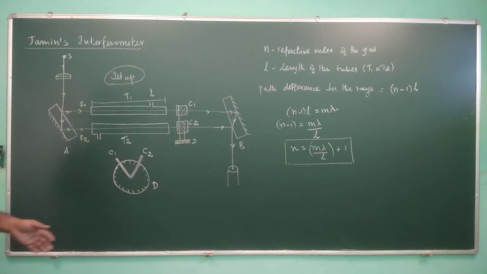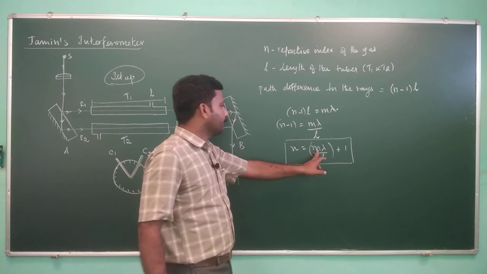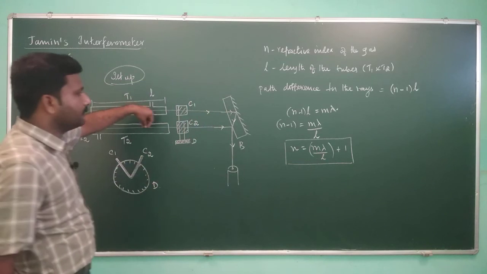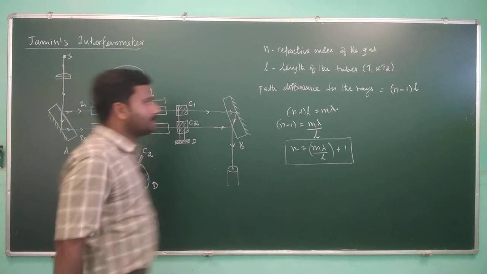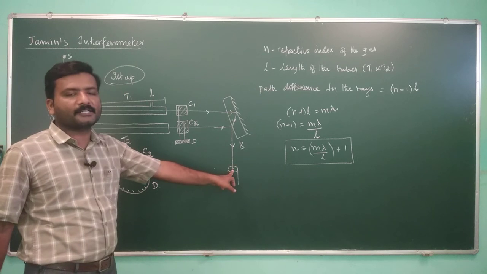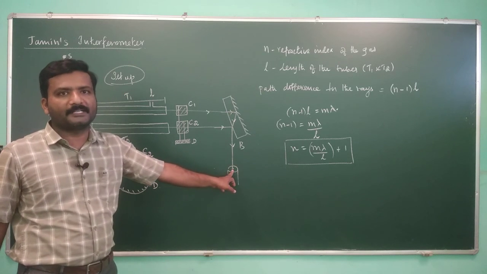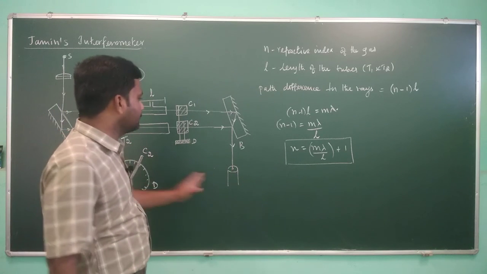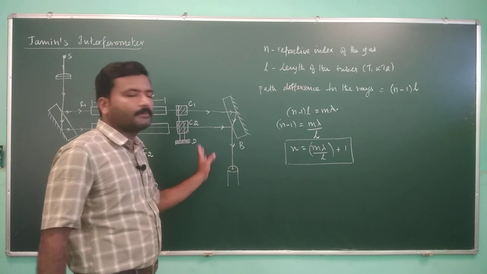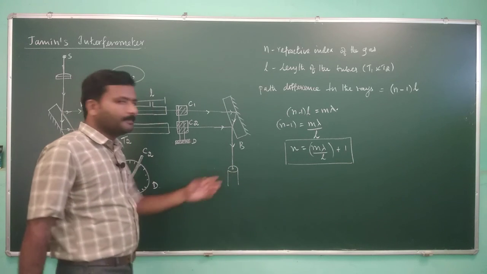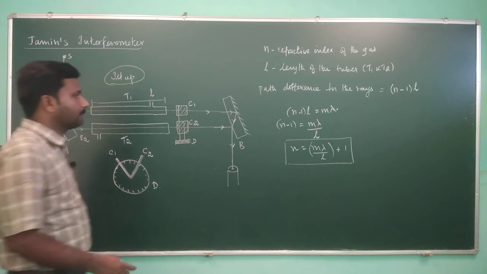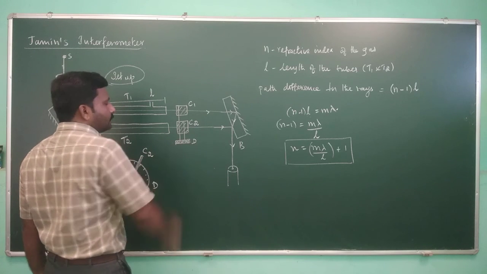The thing is, we need to calculate the fringe count if we fill the gas. The simple statement is, without gas we can focus the telescope on the bright central spot. Then if you allow the gas in, bright and dark fringes appear and move in one direction. But as the fringes move quickly, we cannot measure their number, so the calibrator comes into the picture.